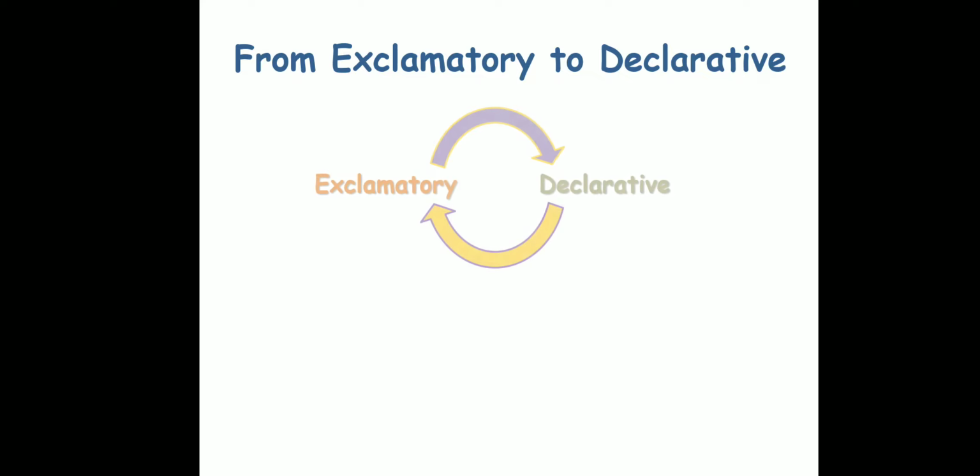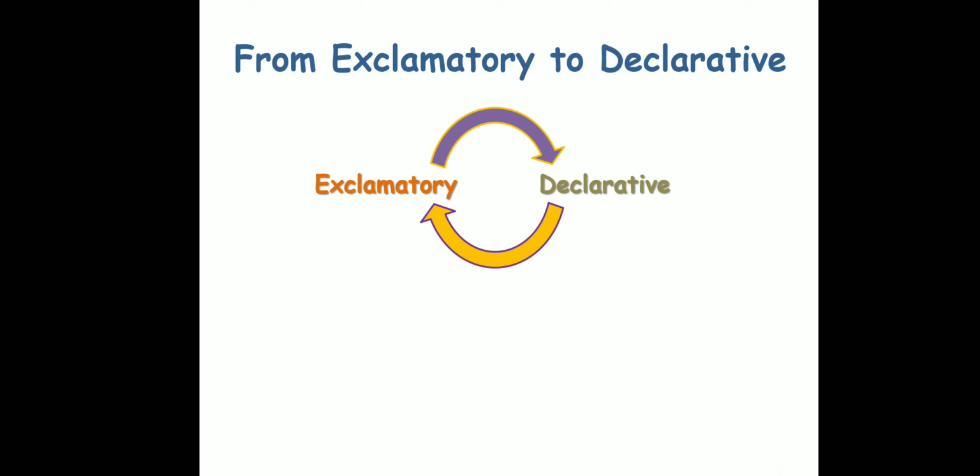Now there are two ways. You can either change from exclamatory to declarative. So see the arrow which is going up, the purple arrow. See, this is exclamatory to declarative. So either you can change from exclamatory to declarative, or see the yellow arrow, the downward arrow, from declarative to exclamatory. So you can also change. Okay, so it can be two ways.